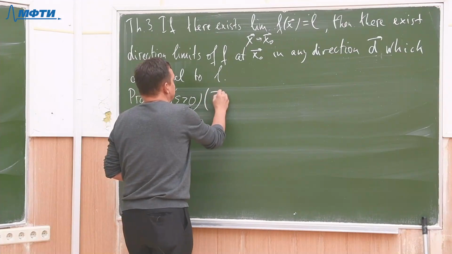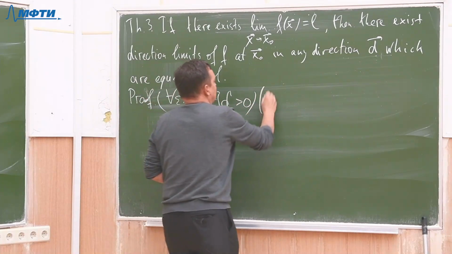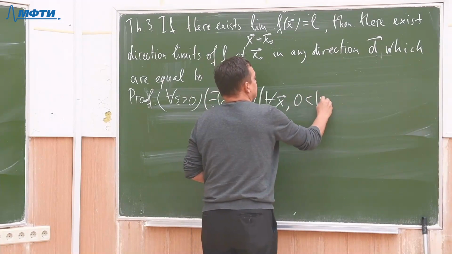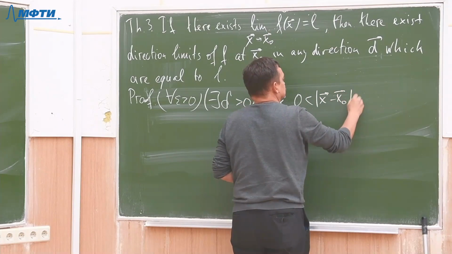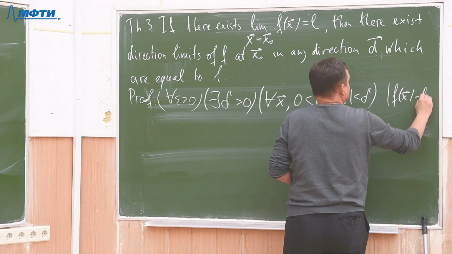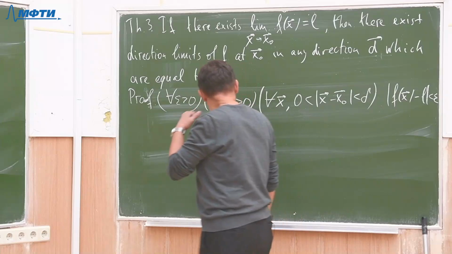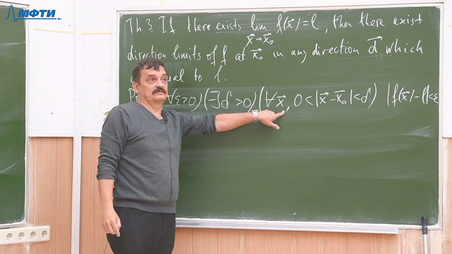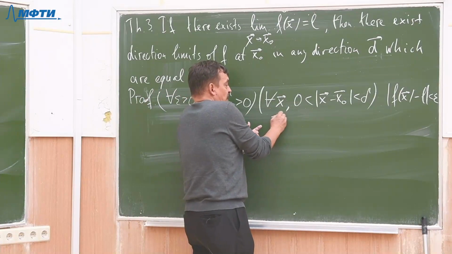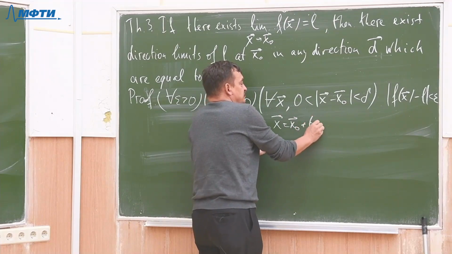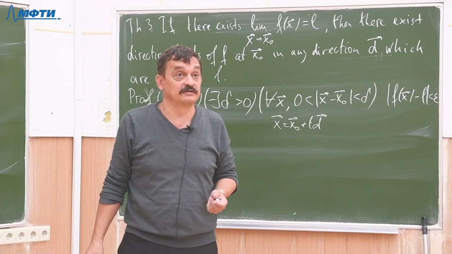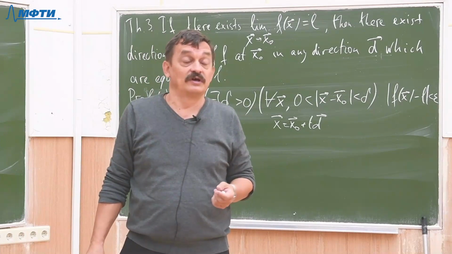For arbitrary epsilon, there exists delta, such that for all x which satisfy this inequality, we have |f(x) minus L| less than epsilon, right? So here I have arbitrary x. In particular, I can put the restriction x equals, let's say, x naught plus t d. It doesn't matter which d I choose here, right? So the proof is immediate.